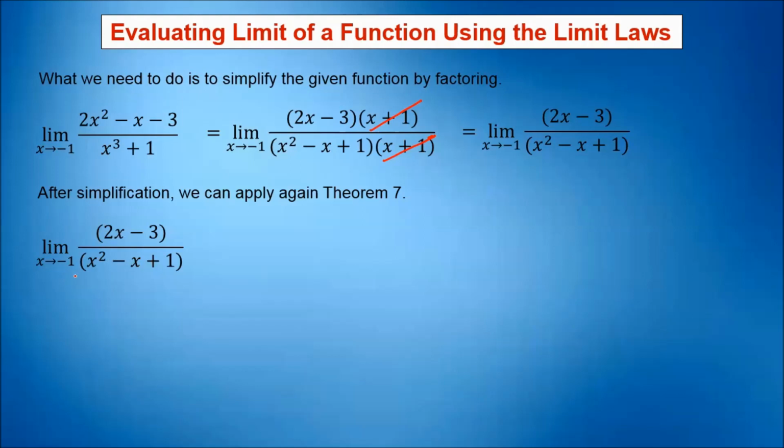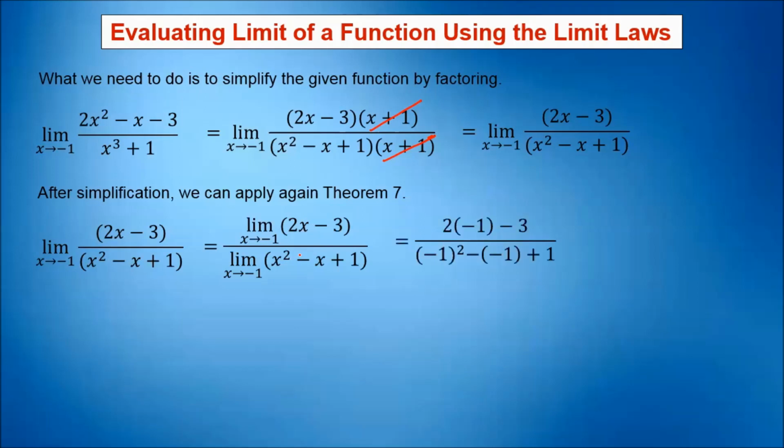Again, by applying the theorem number 7, we're going to separate the limit of the numerator and the limit of the denominator. Since our numerator is a polynomial function and the denominator is also a polynomial function, we're going to use theorem number 10, which is we're going to substitute -1 as the value of x.